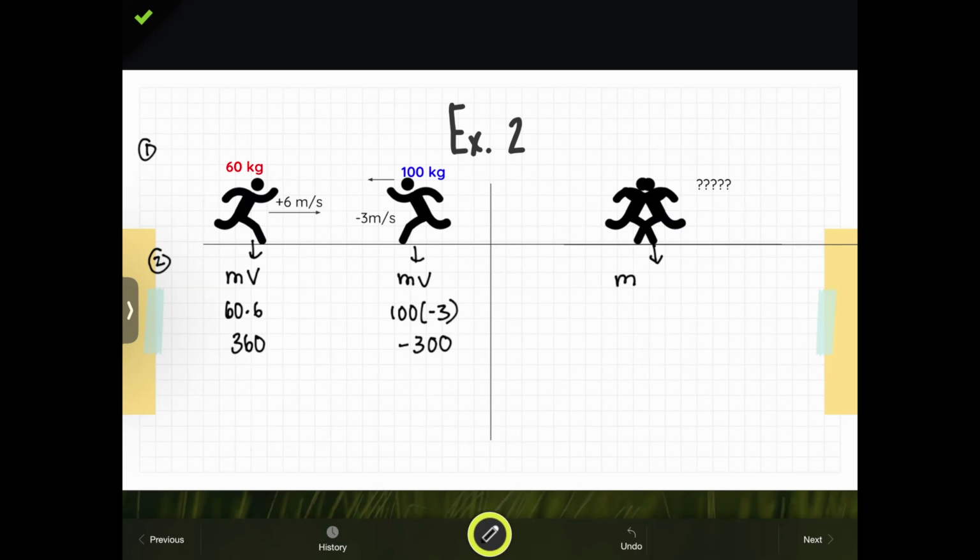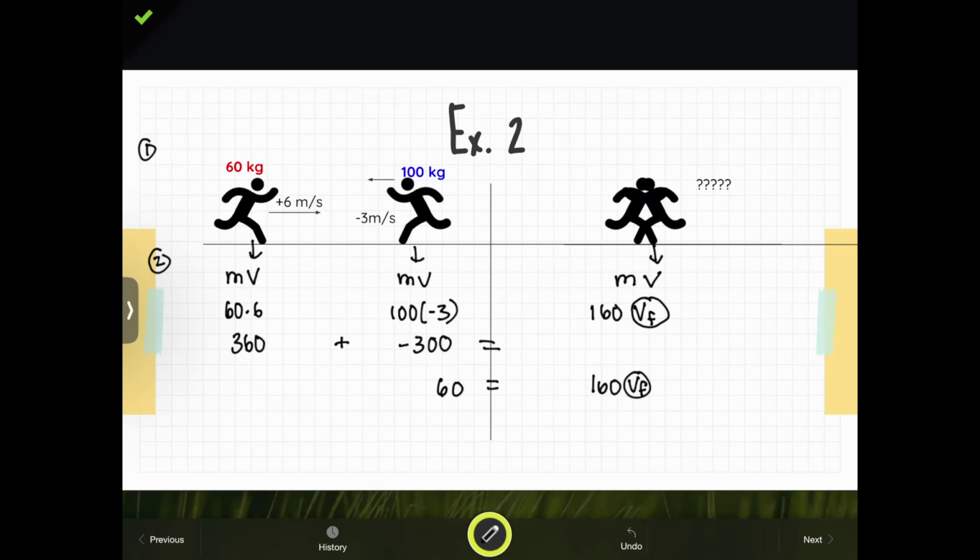At the end, they stick together, so their total mass is 160, and I'm trying to find VF. So if I solve this equation, on the left, there is 60 Newton seconds of momentum. And on the right, there's 160 VF.